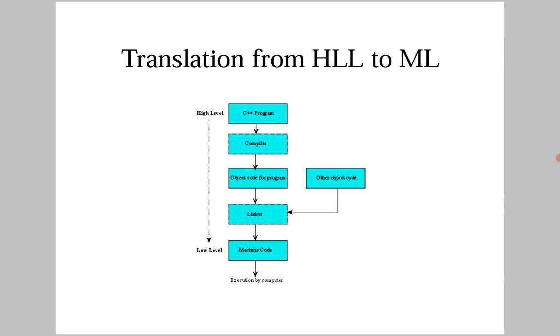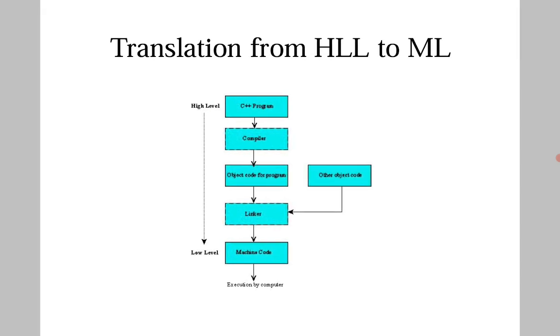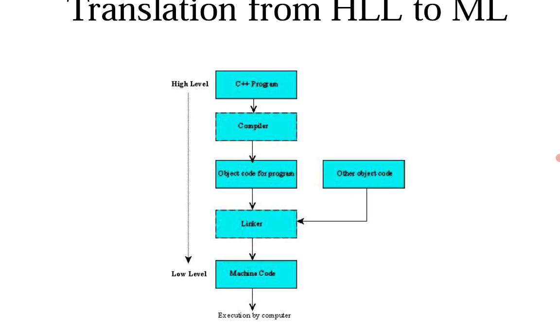This is the diagram generally used to represent translation from high level languages to machine level languages. So how do we translate high level languages to machine level languages?